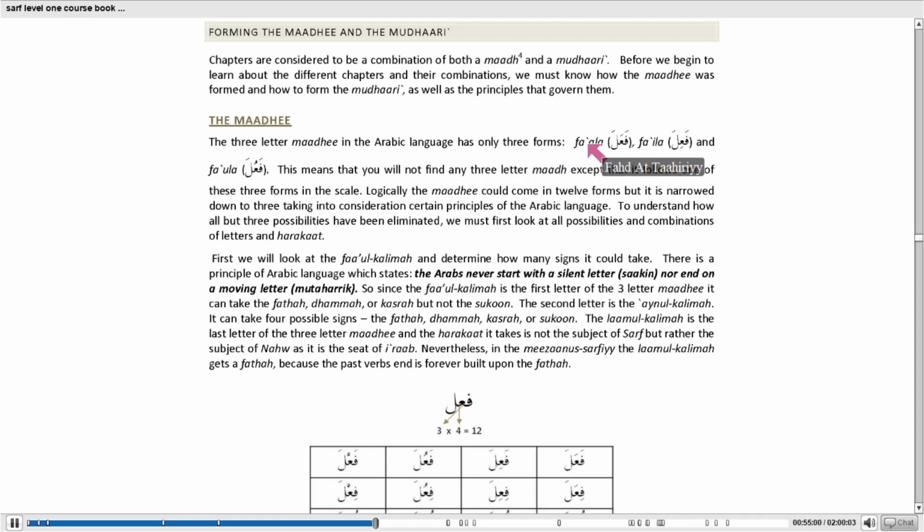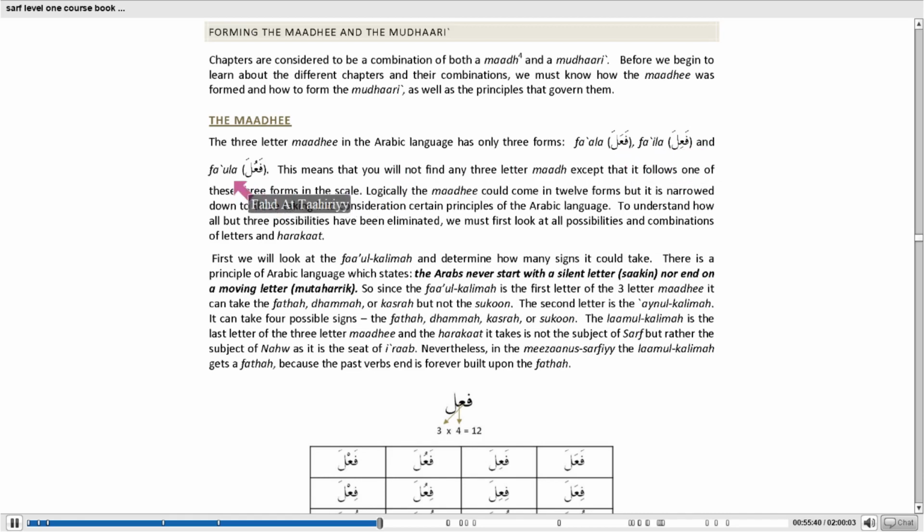So it is either on the scale of fa'ala, like daraba and akhadha and qatala and kafara and sha'ara, etc. And chapters, we said, are considered to be the combination of a madi with its mudari'. Now, there are also verbs on the scale of fa'ila, like shariba and alima, and rakiba, etc.